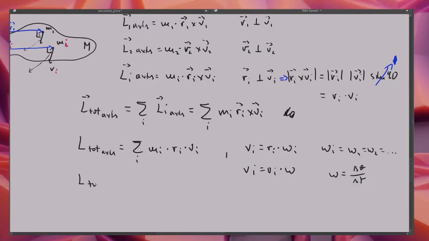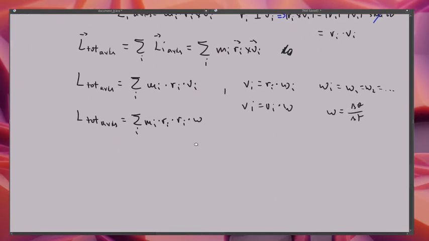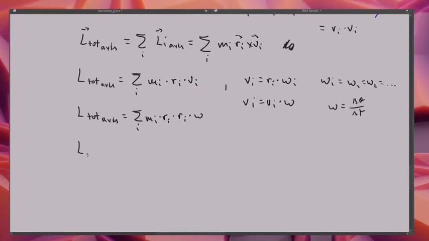So the expression for the total angular momentum about an axis then becomes Mi times Ri times, instead of V, Ri again times omega. And now you should see where I'm going. The total angular momentum about the axis is the summation of Mi Ri squared, put this in parentheses, times omega.